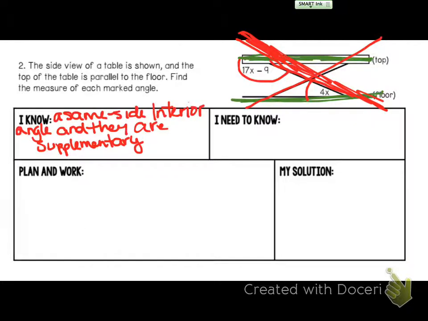So I have to combine this 7x minus 9 and this 4x, and set it equal to 180 degrees.